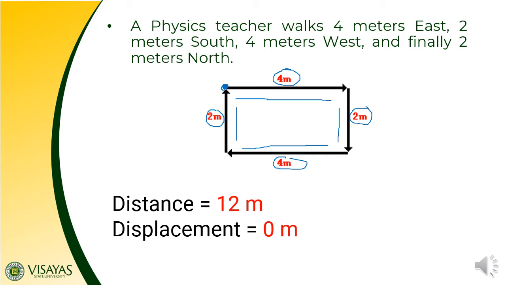So meaning its final position is the same as its initial position. So there will be no change in position at all. So there will be no displacement, because displacement is the object's overall change in position. But since the initial position is the same as the final position, there will be no change in position, so displacement is equal to 0 meters.